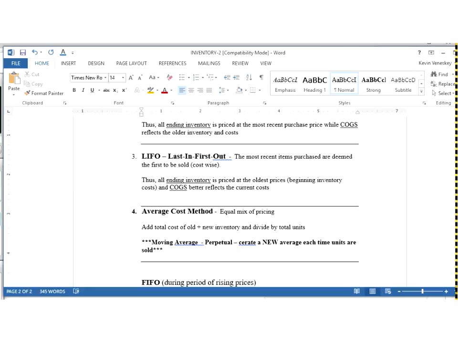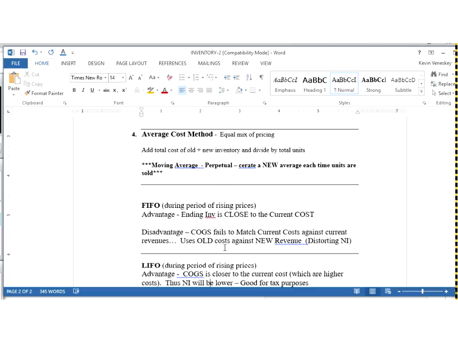The last method kind of takes the average of both of them, and maybe this is why this may be the most common. We do it a little bit different when we're looking at how we keep track of our inventory, but it may make the most sense for most companies because it doesn't favor one or the other, meaning ending inventory or cost of goods sold. It just takes a nice average.